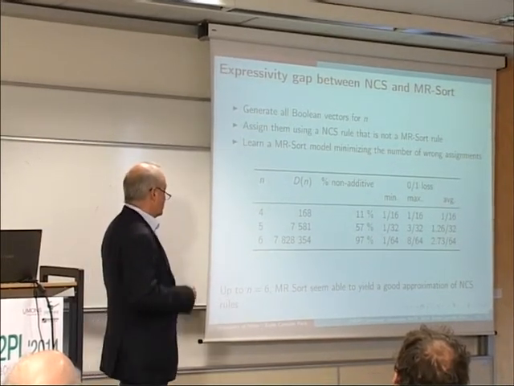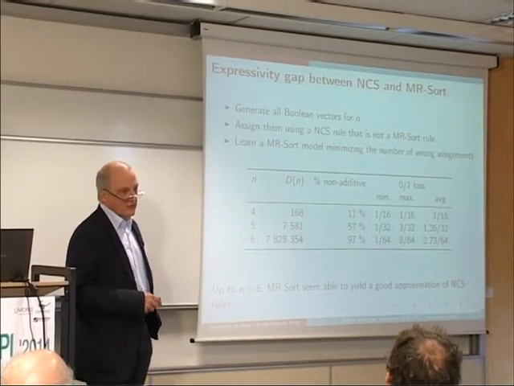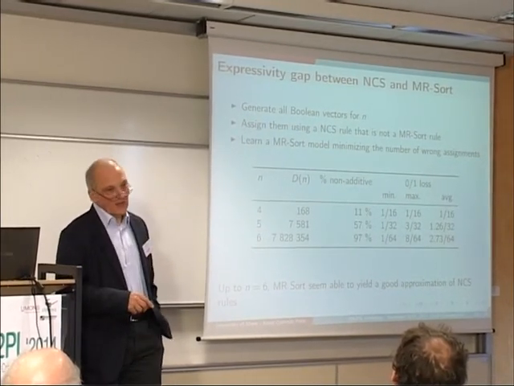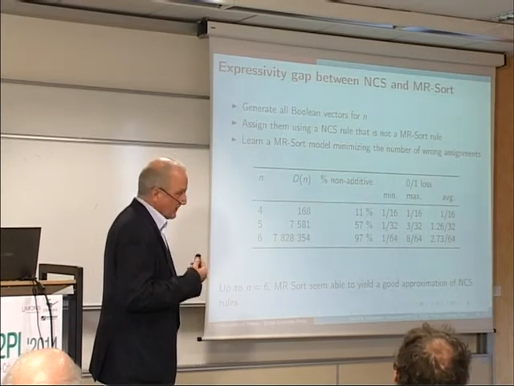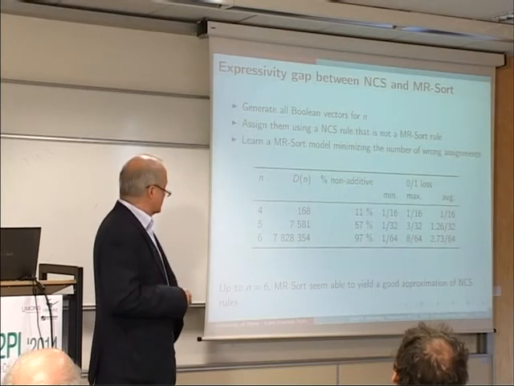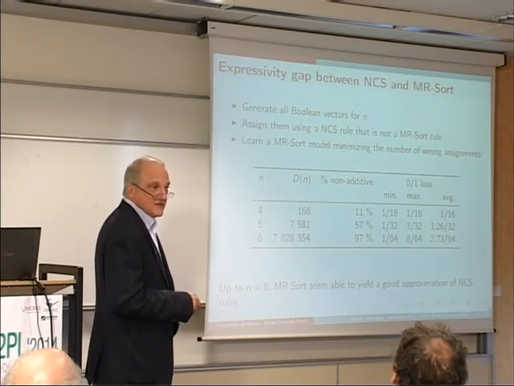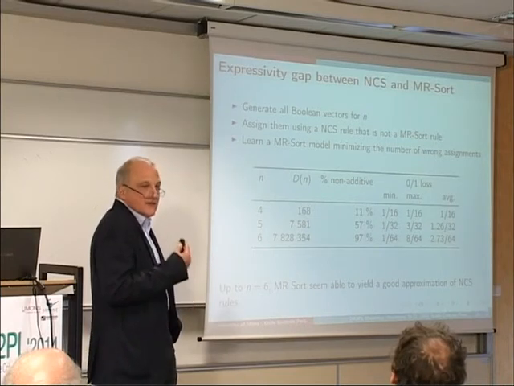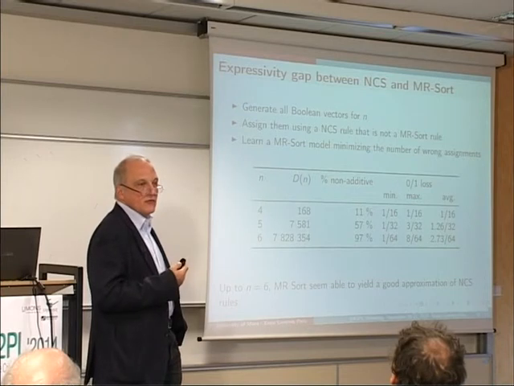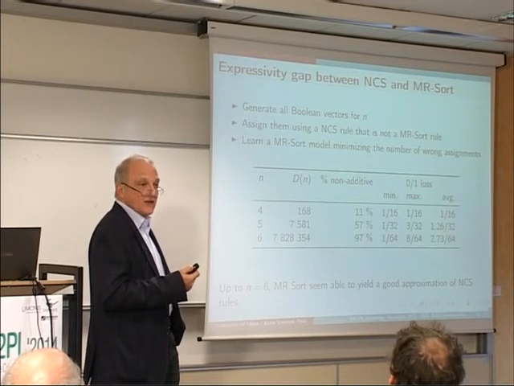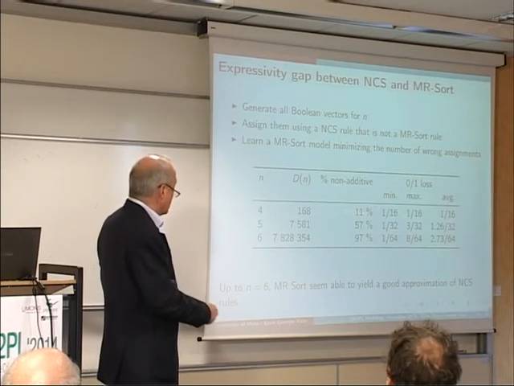And he showed this thing. He showed that the number of not correctly assigned vectors is not very bad. The linear rule, the MR-sort rule, gives a good approximation of the NCS rule in most of the cases.